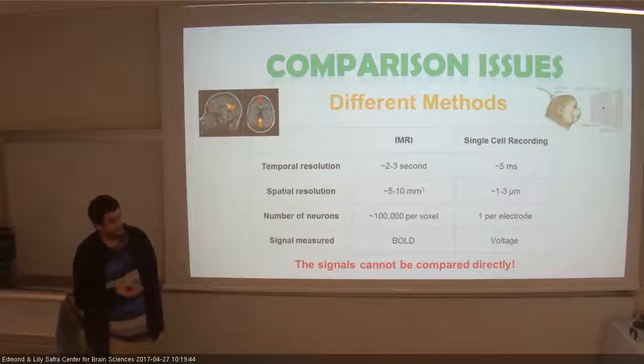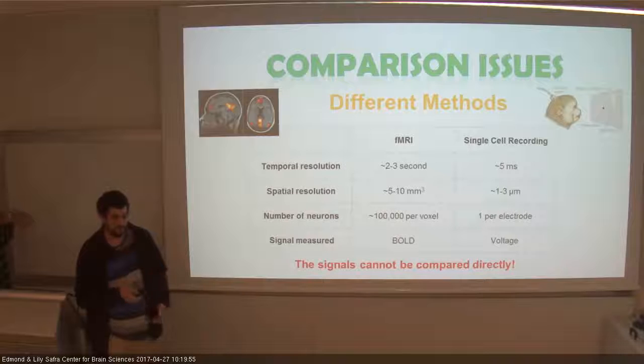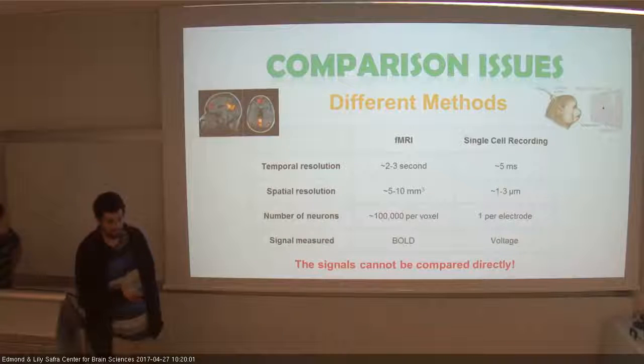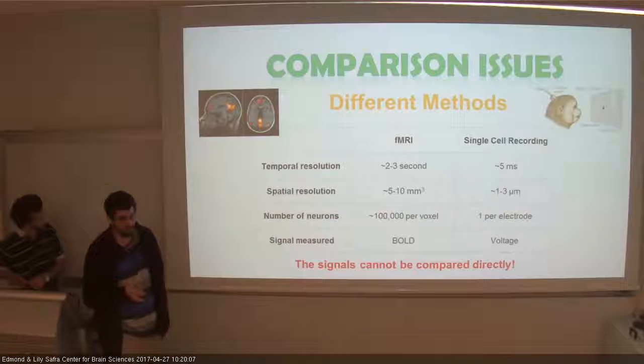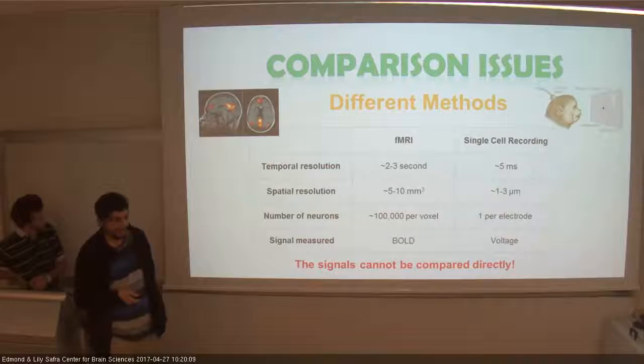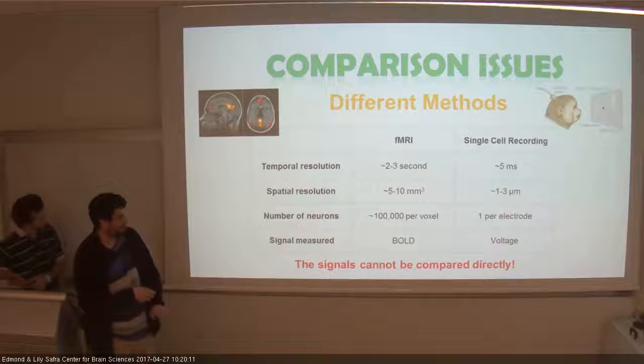Okay, the second problem in the comparison is the usage of different methods. First of all, the temporal resolution of both methods is completely different. The single cell recording is in the order of milliseconds, just recording the voltage that comes from the cell, while the fMRI is scanning the brain once every 2 or 3 seconds, and the temporal resolutions are completely off scale.